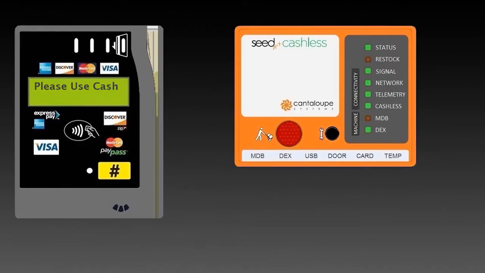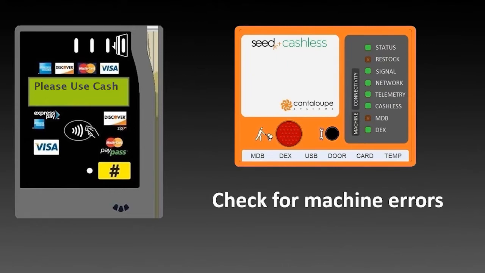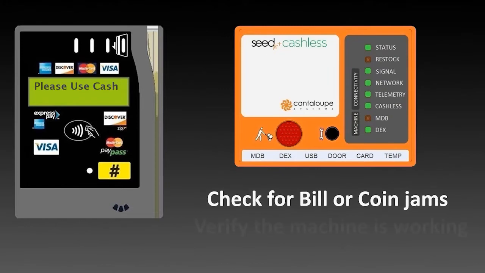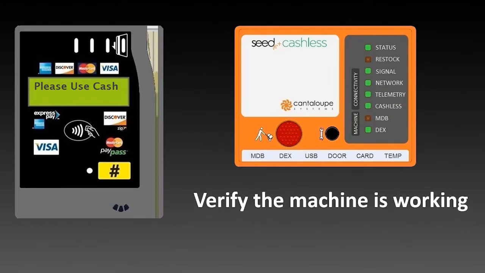Troubleshooting for this alert should be focused on machine hardware issues. Check the machine diagnostics for any machine errors reported by the machine. Check the bill validator and coin mechanism for jams. Also, verify that the machine is working properly and able to vend with cash.